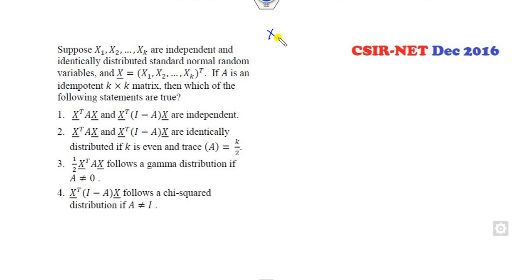Okay, the xi's are standard normal with k parameters. If A is an idempotent k cross k matrix, then I minus A as well.